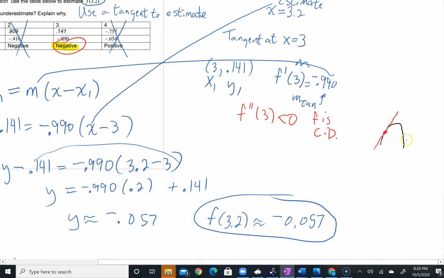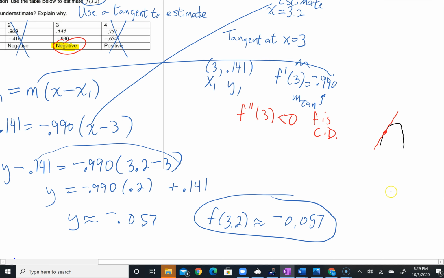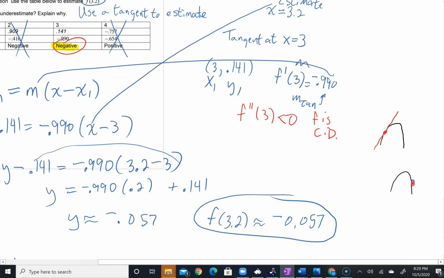By the way, let me draw another concave down curve over here, and let's just say that your tangent line was maybe over this way. I guess what I'm really trying to get you to see is simply this, that when your curve is concave down, let's say this was 3 and here's 3.2, your tangent line will lie above the curve.